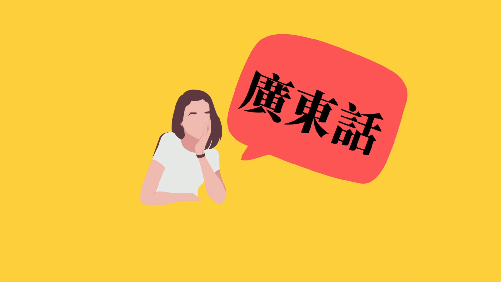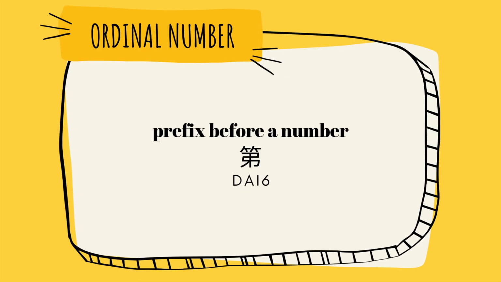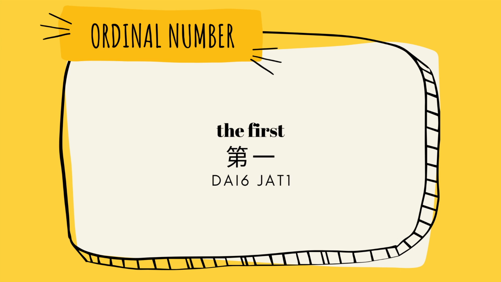It's really simple. When a cardinal number is preceded by 第, it becomes ordinal. And here are the examples. First, 第一. Second, 第二.